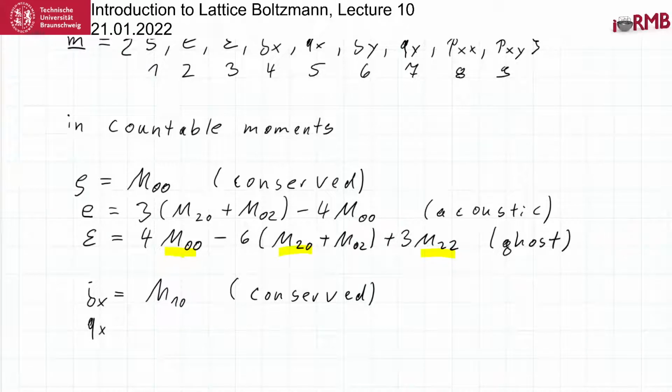Then they go on with a third order moment, or something like a third order moment. This is Qx, equal to 3 m12 minus 2 m01. This is a ghost.